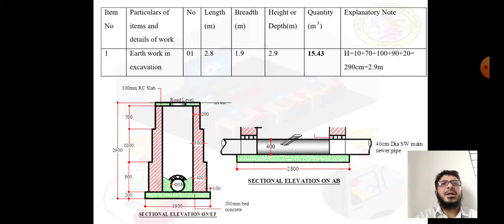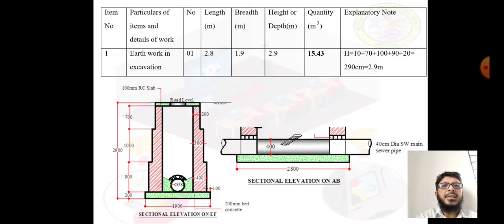So the number is 1, one for each manhole, and length we can find from the sectional elevation on AB. The maximum length is 2.8 meter, that is the length of the concrete bed block. Then breadth or width is 1.9 meter, which we can find from the sectional elevation of EF, the maximum width, and depth we can find in this section only.